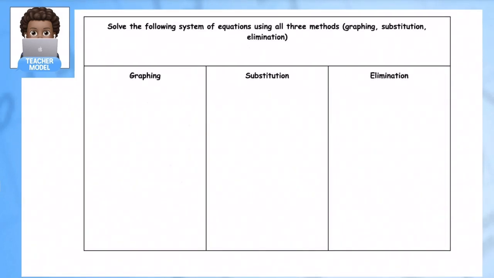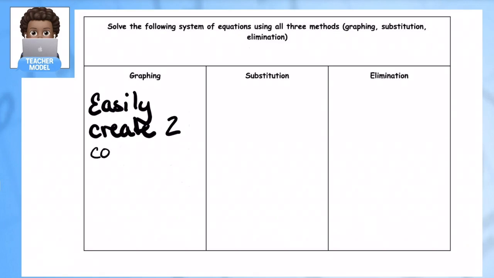Here are my personal preferences for different strategies. For graphing, I really enjoy using the graphing when I can easily create 2 points. And it also helps when I have graph paper.